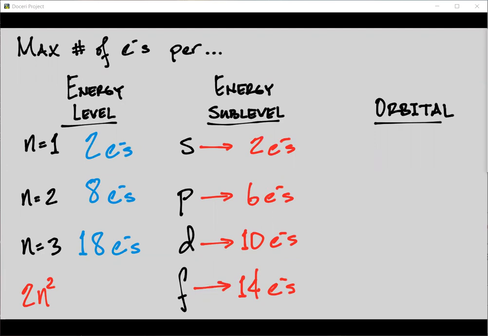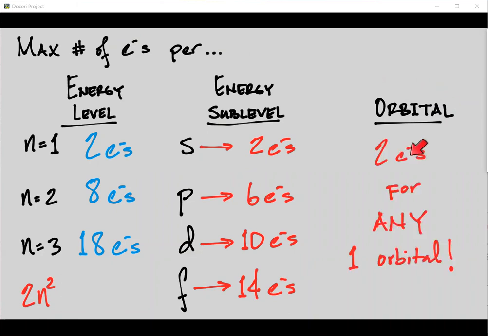And for the max number of electrons per orbital, it's the same regardless of what the orbital is.